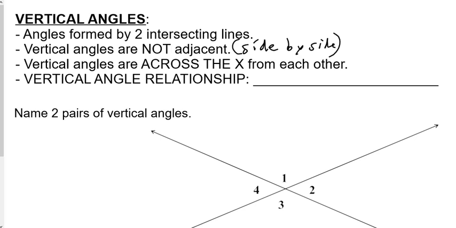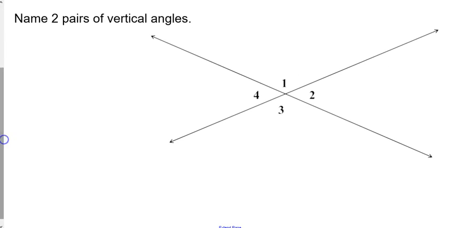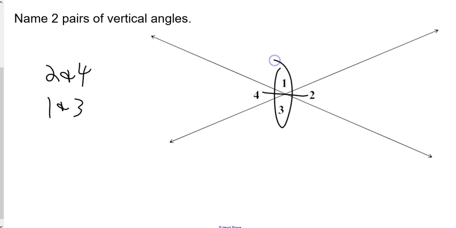So you can kind of think about it as left-right or top-bottom. Okay? Vertical angle relationship, they are congruent. So, two pairs of vertical angles, 2 and 4, 1 and 3. Left, right, top, bottom.